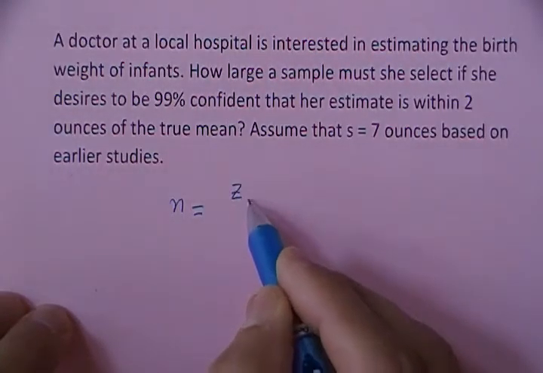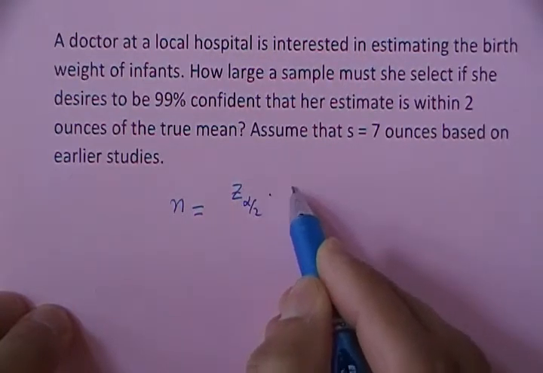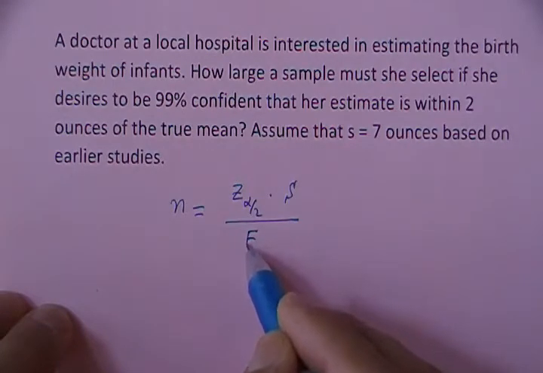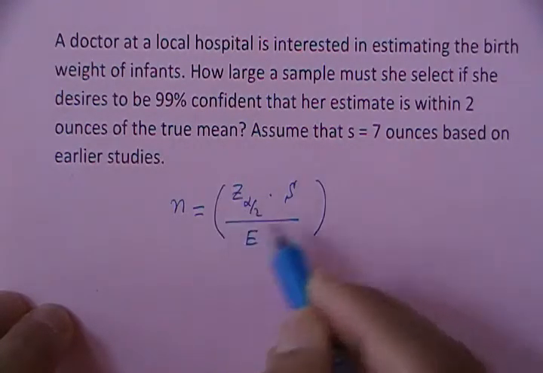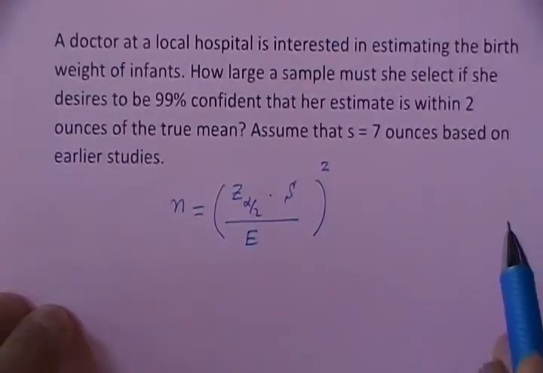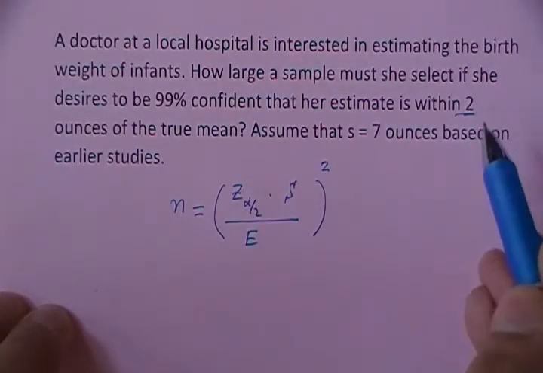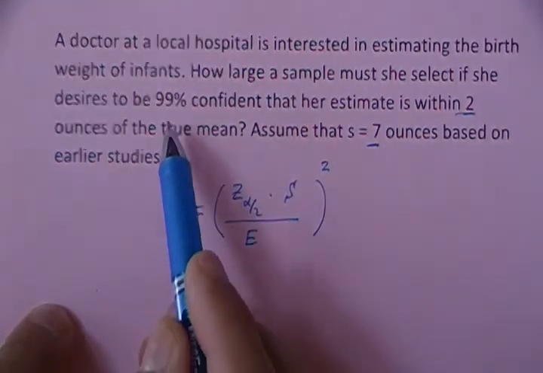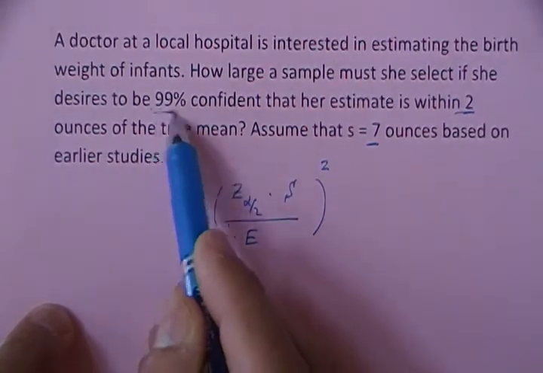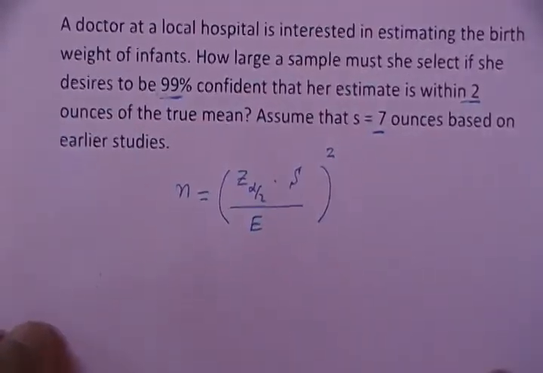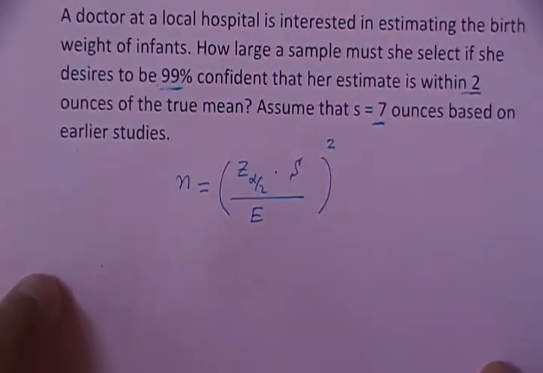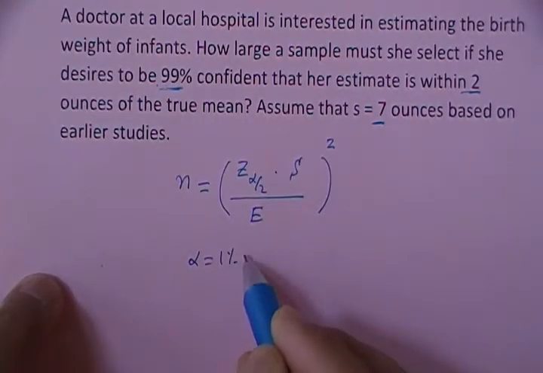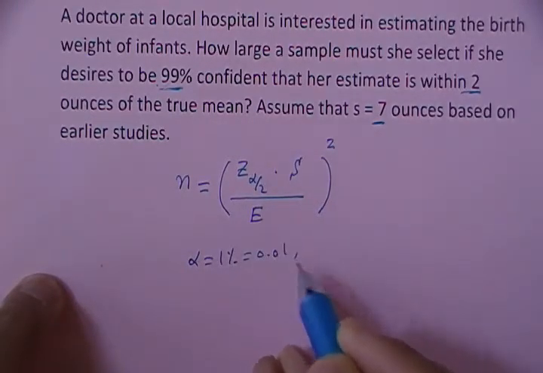equals z sub alpha by 2 times the standard deviation, divided by the margin of error E, and then you square it. We can see that this is the margin of error E, and this is the standard deviation S, and we are given 99% confidence here, so it means that alpha is 1%, which is equal to 0.01.